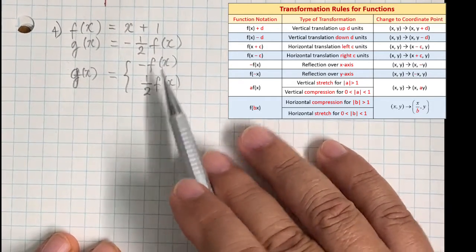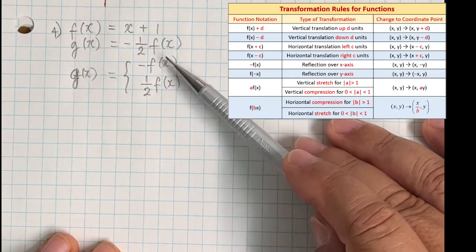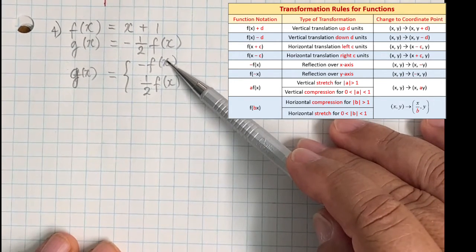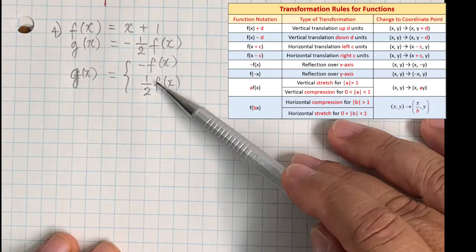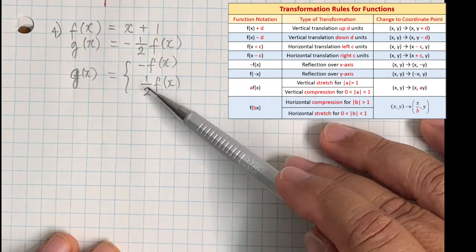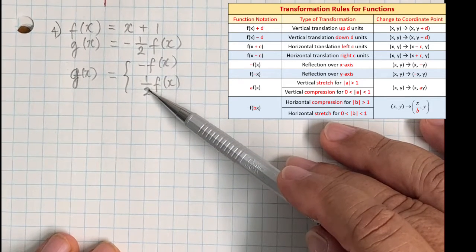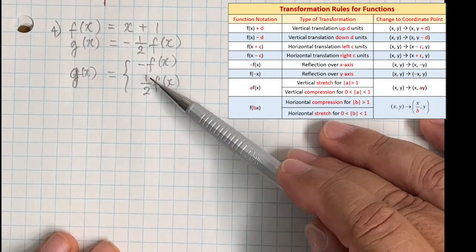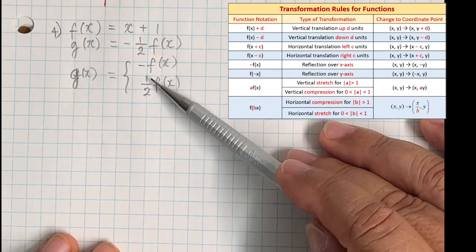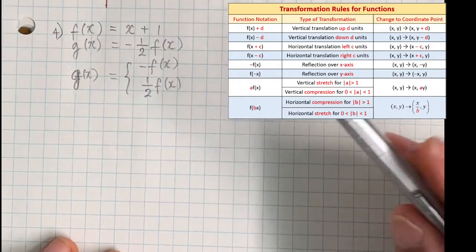In this case you need to flip the f function across the x-axis. You flip it. In this case, you need to shrink it vertically. Compress if you want. The table says compress, but shrink, same thing. You need to shrink it vertically by a factor of 1/2.